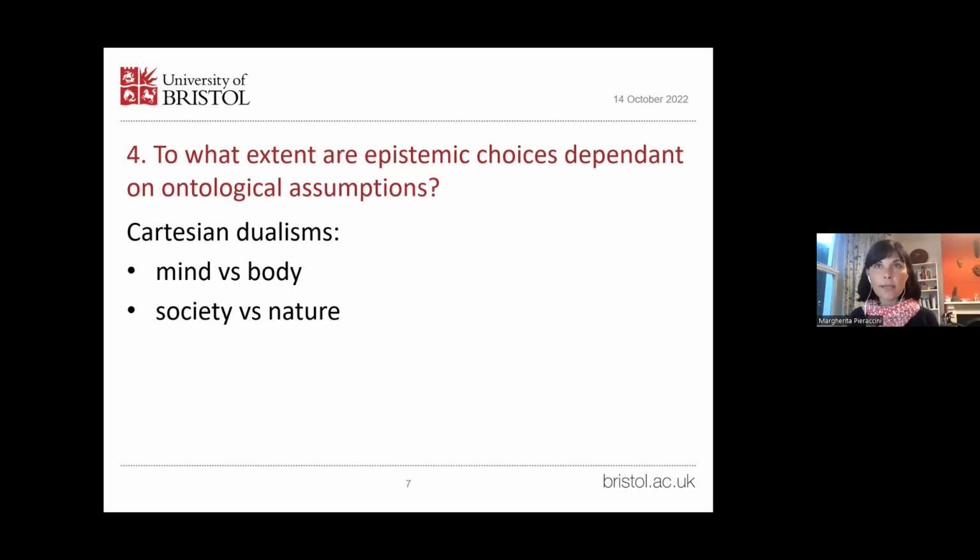If you have a much more relational understanding instead, in which you see society and nature as part of much wider ecosystems, then those divisions in terms of who is representing what fade away, and knowledges of society and nature are much more intermingled. So depending on your ontological assumptions regarding society and nature, you have also certain epistemological assumptions regarding who is representing these fields, if they're separate or not.